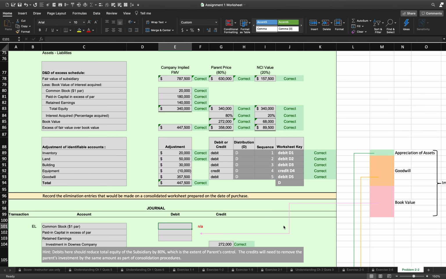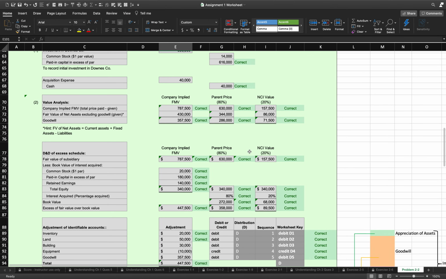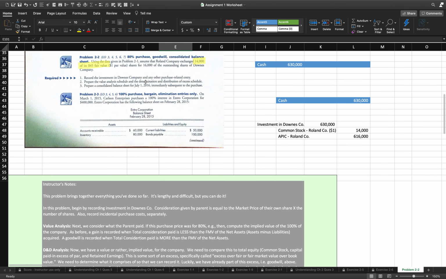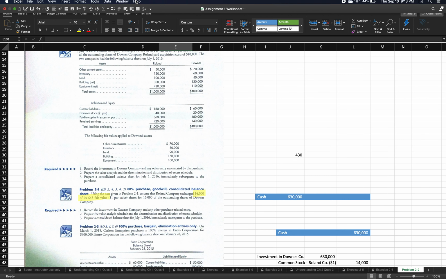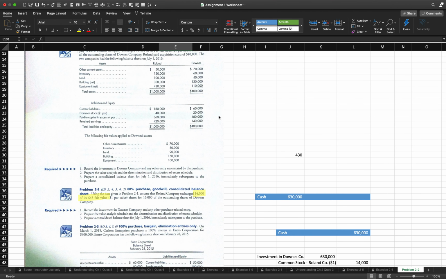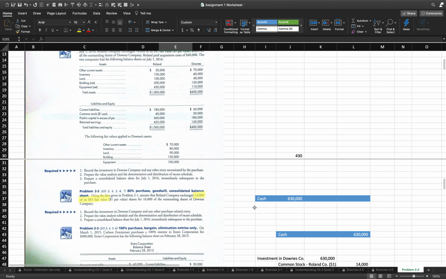The debit side of this recognizes that we are taking away 80% of the parent's control from the book value. Well, we know the book value, it's given to us up here. So the book value of common stock for Downs, that's what we're going to get rid of, is $20,000. That's their book value. And again, I'm just going to get myself some splits here to help me along.